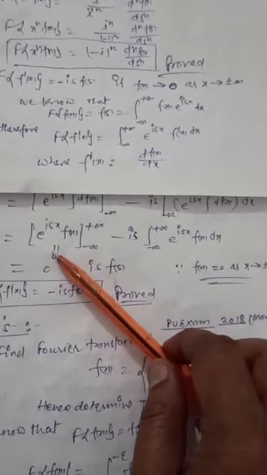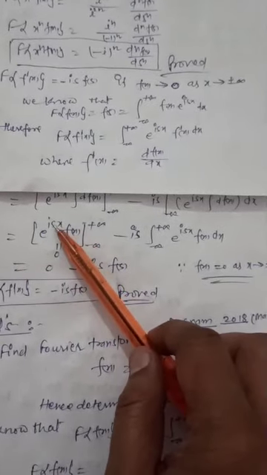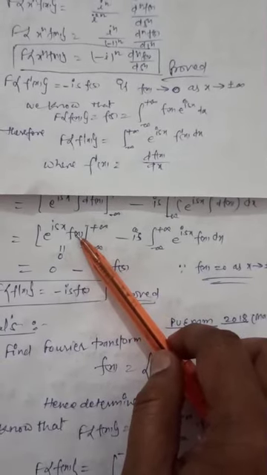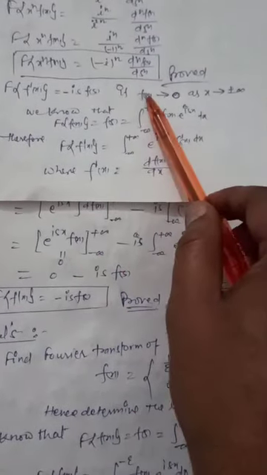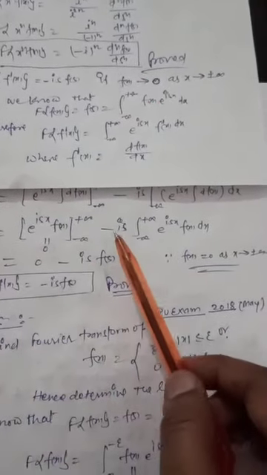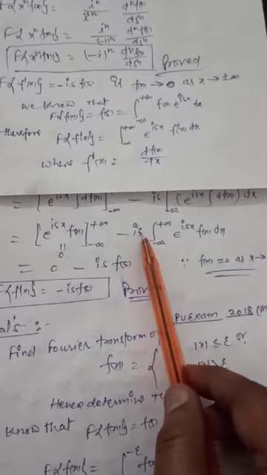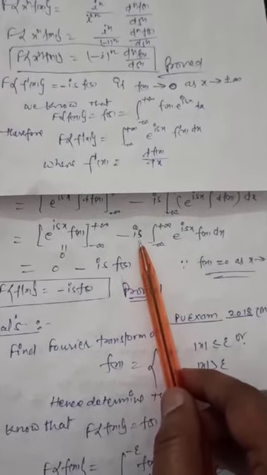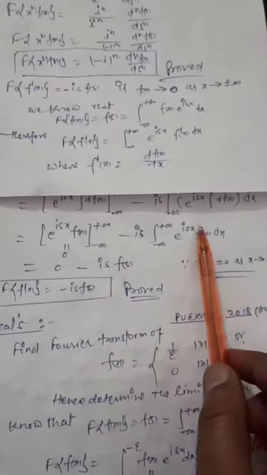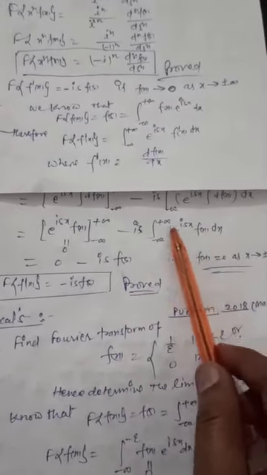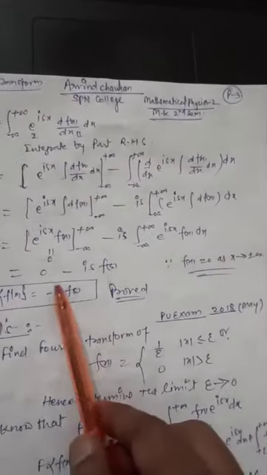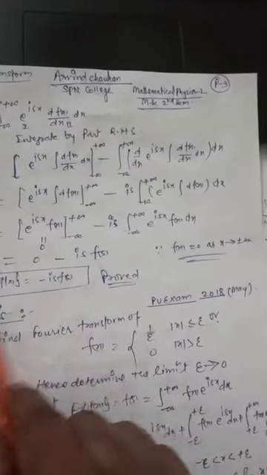If you put the limits, exponential f of plus infinite is 0, f of minus infinite is 0, then this portion is totally 0, only this portion is left: minus iota s, f of s. This is basically a Fourier transform representation. So this is represented here, and you will get the required result.